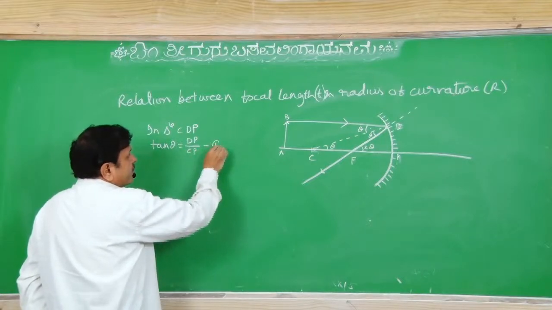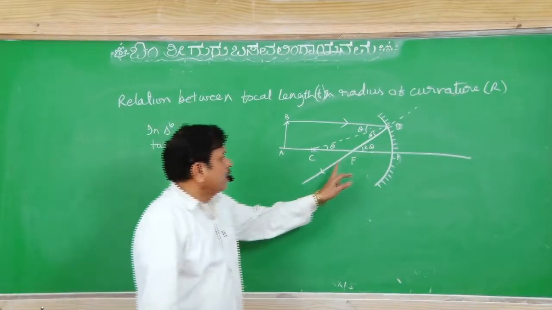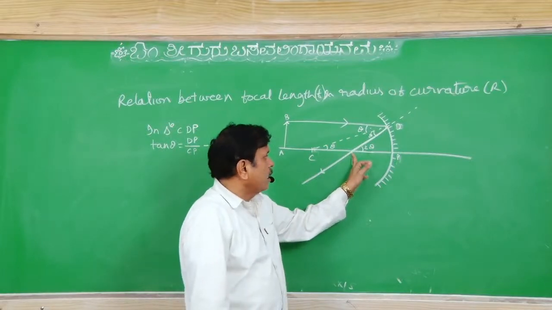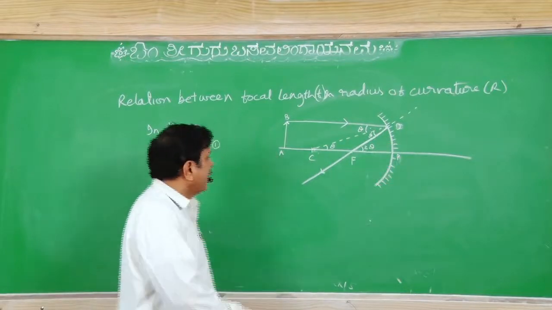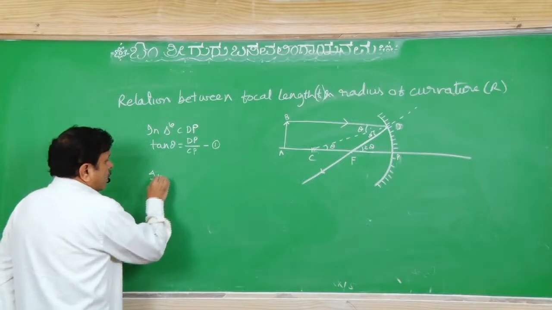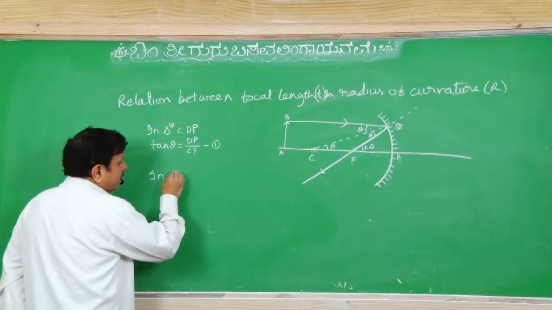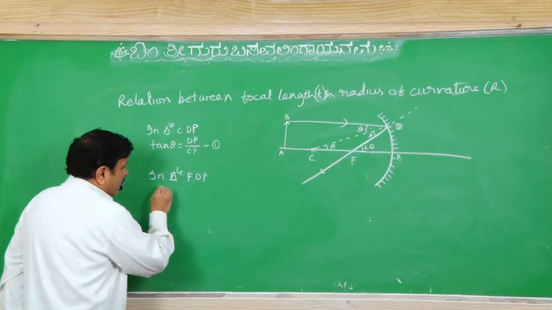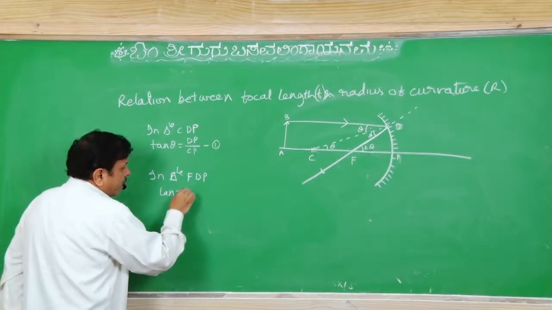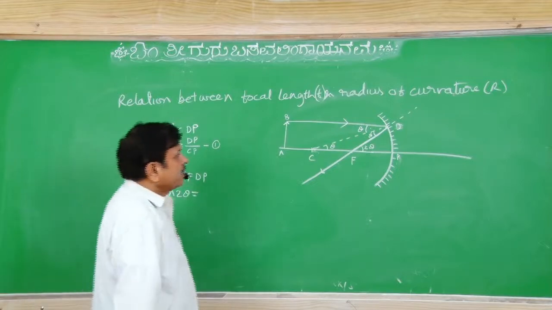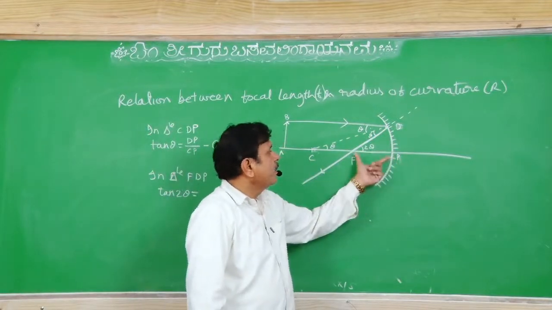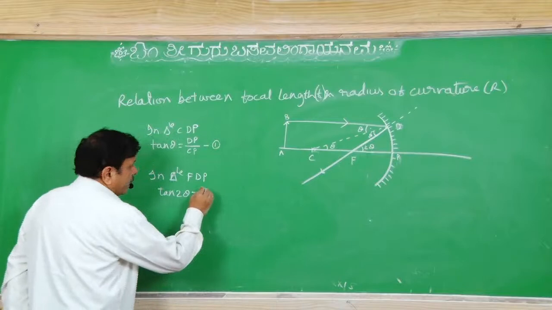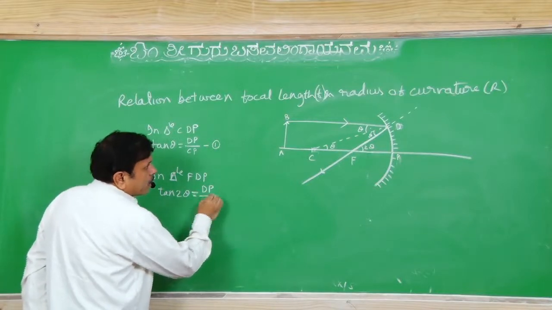Let us call this equation 1. If we take the second triangle, in triangle FDP, tan of 2 theta is opposite side by base, so DP divided by FP.